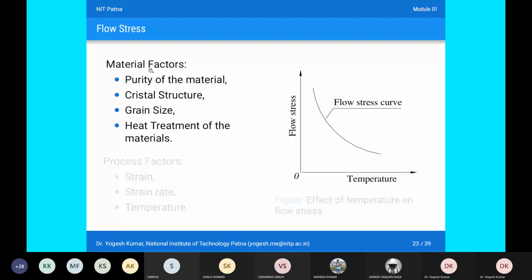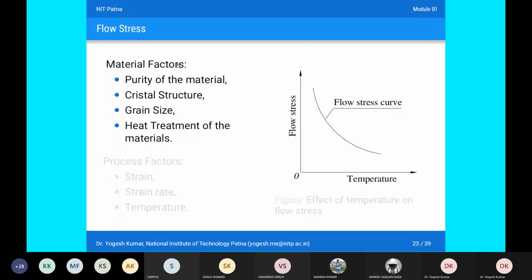There are some material factors as well as some process factors. We will take up these factors one by one, and some of these material factors will be explained in module 2. I will be explaining how these material factors affect your flow stress. These will be discussed in detail.